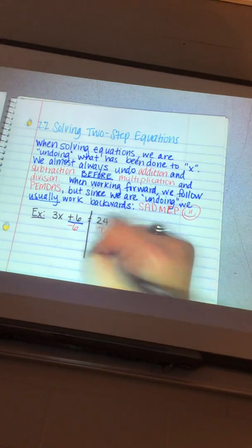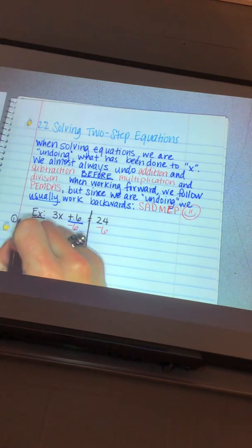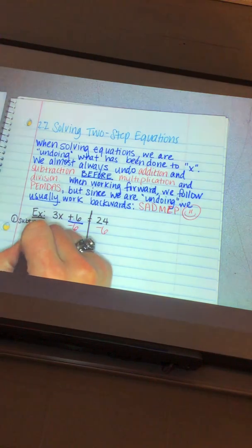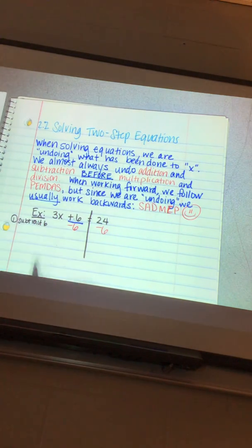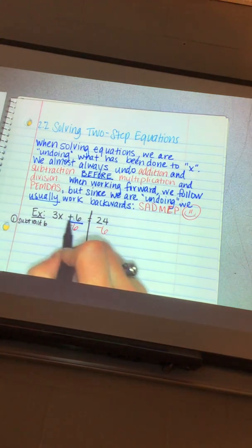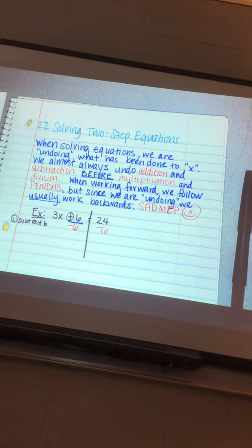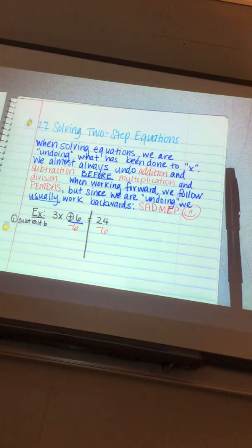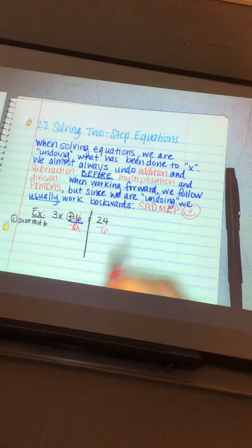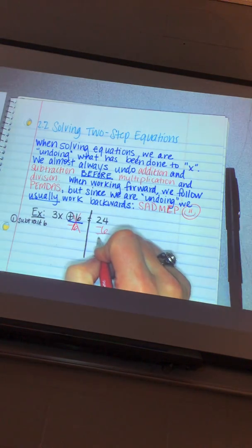Okay, so step 1, subtract 6. And that was only because we were adding. That's the opposite. Okay, so let's go ahead and figure what that would be. This is, of course, 0. It cancels out. This is going to be 18.